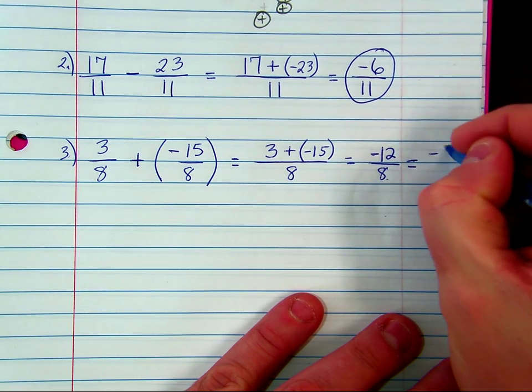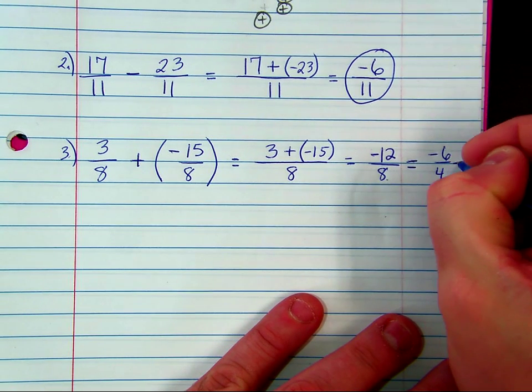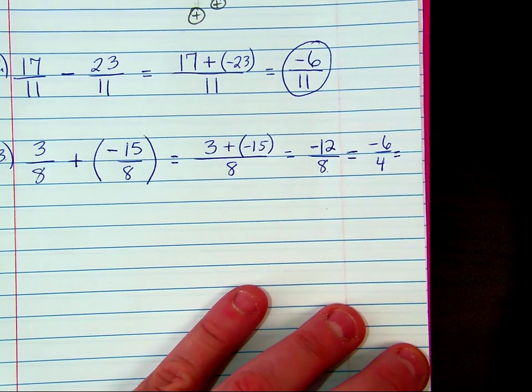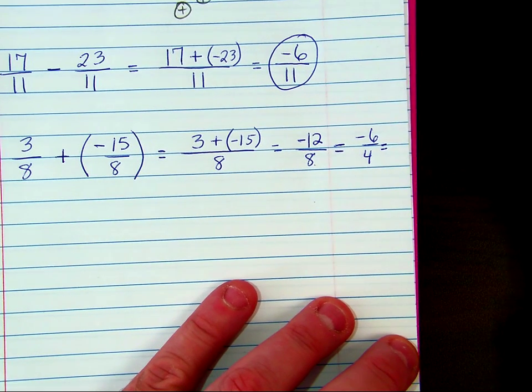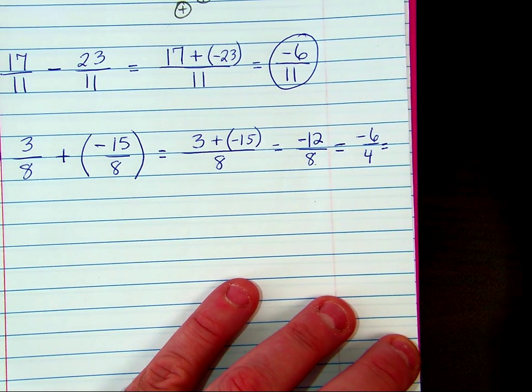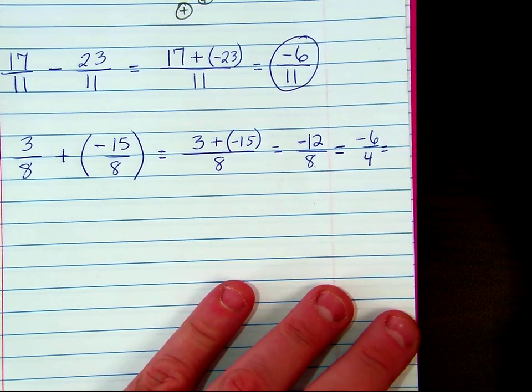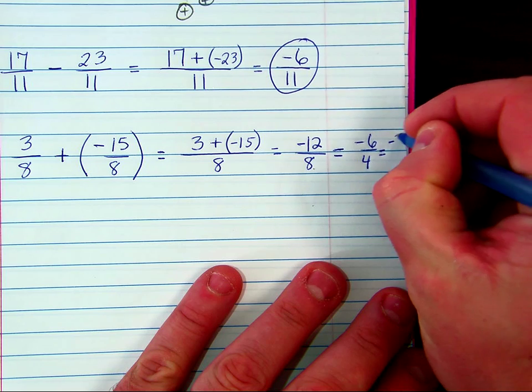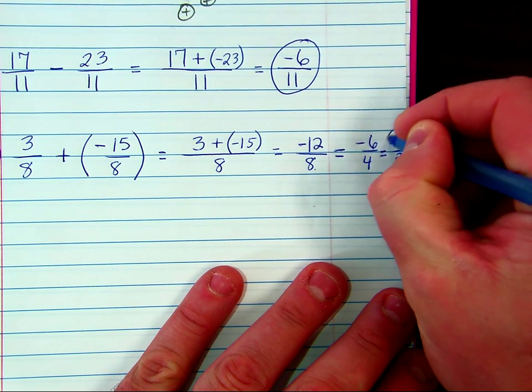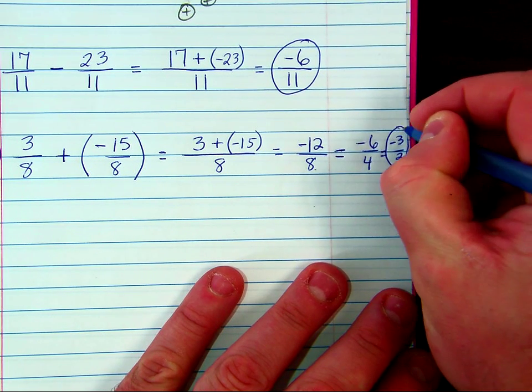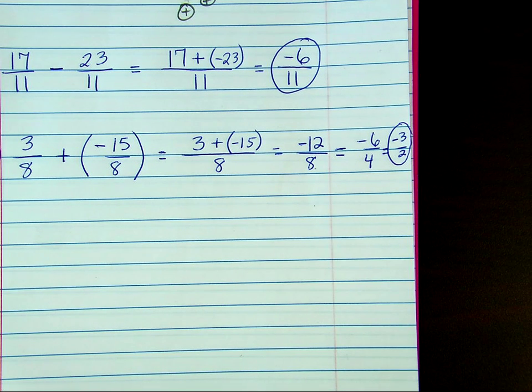Negative 6/4. Okay. Keep going. I don't want you to turn it into an improper or mixed number. Keep going. Negative 3/2. Now, you can leave your answer like that. Negative 3/2 is the answer.